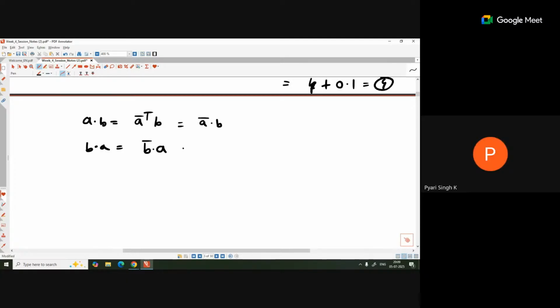Correct. But you cannot write B dot A as A transpose B conjugate, or B transpose A conjugate. Then I think the answers will be different. You may try it out.